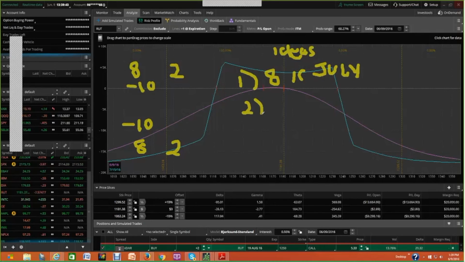Step 2, sell 2. So if I do 8 iron condors, excuse all the artwork here, if I start out with this thing, I do 8 iron condors. I get that executed. That's step 1.